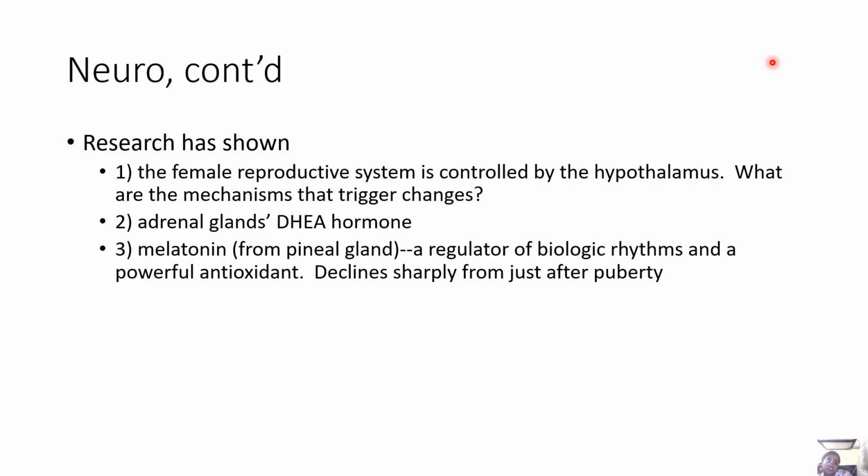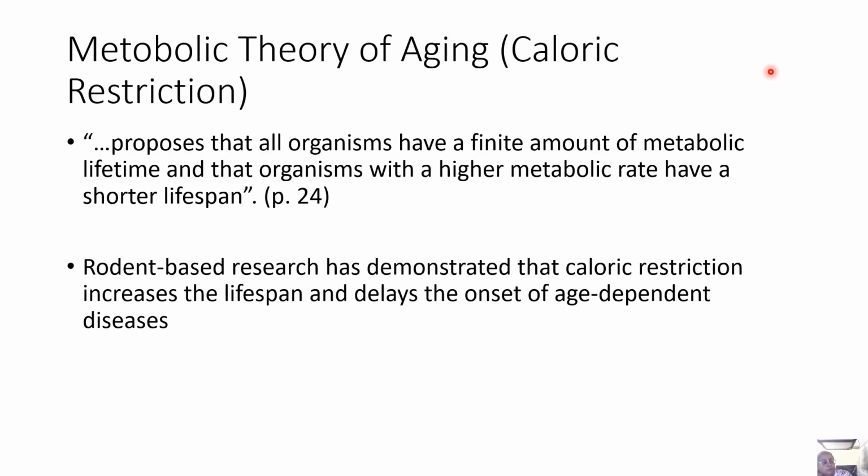Adrenal glands, DHEA hormone, and melatonin from the pineal gland, a regulator of biologic rhythms and a powerful antioxidant, decline sharply just after puberty. Now, the metabolic theory of aging proposes that all organisms have a finite amount of metabolic lifetime and that organisms with a higher metabolic rate have a shorter lifespan.